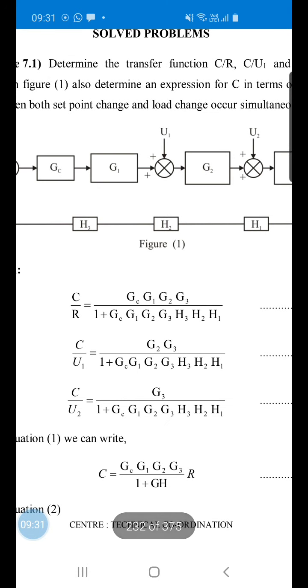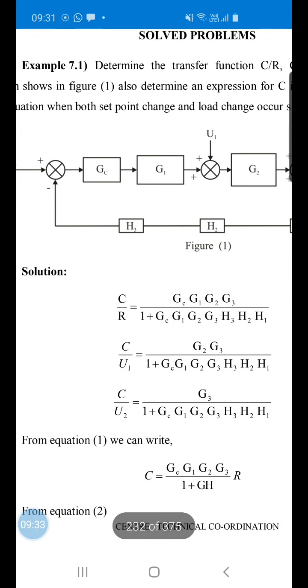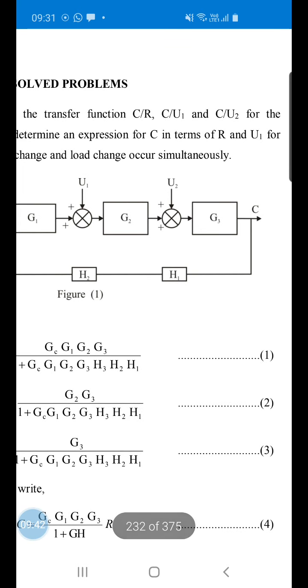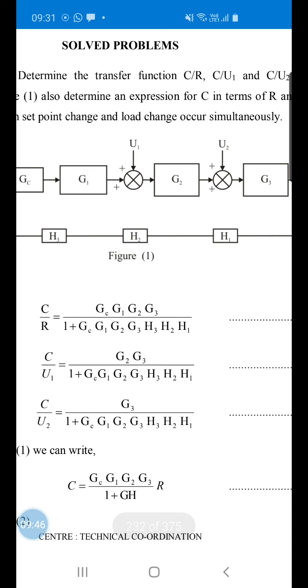You have to write the product of all the transfer functions between C and R. So the product of all the transfer functions is GC, G1, G2 and G3 upon 1 plus the product of all the transfer functions GC, G1, G2, G3, H3, H2, H1.